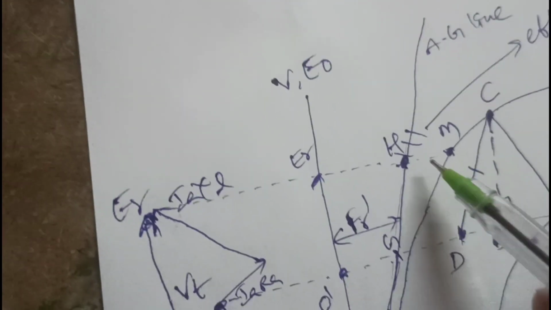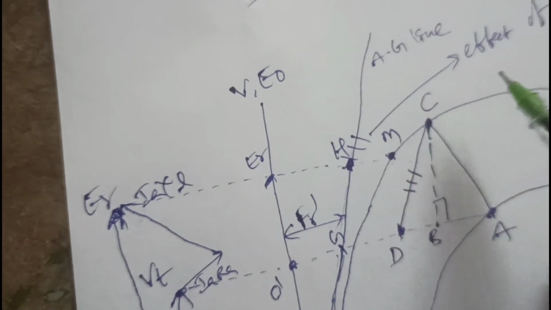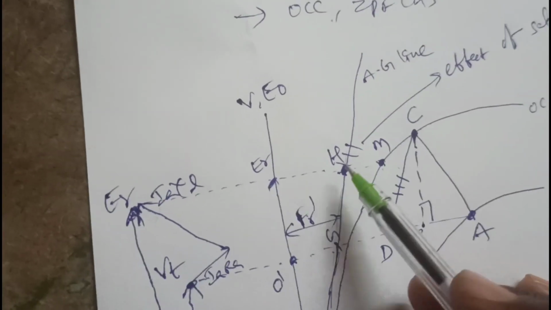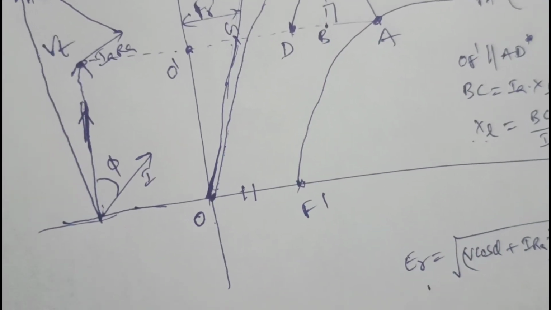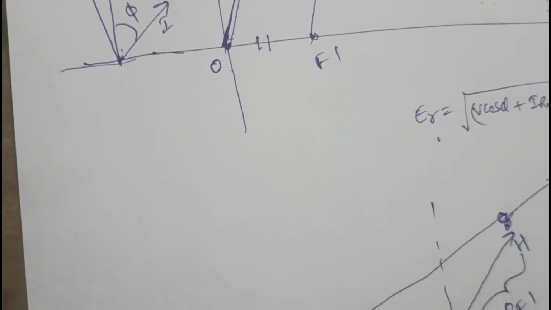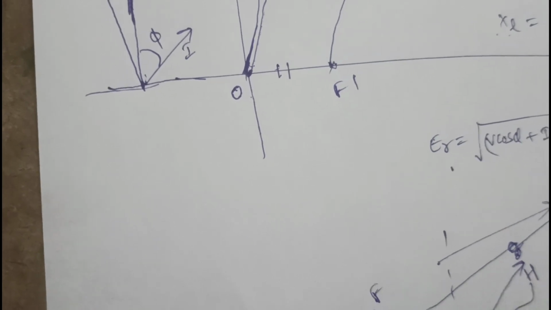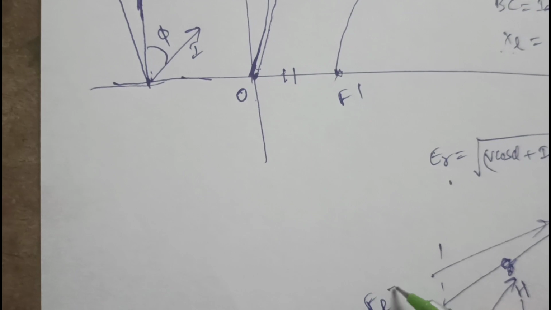Here the H and M points are the saturation point, that is the effect of saturation. So this is also considered. From this point we add the M point also. This total one is called FF.